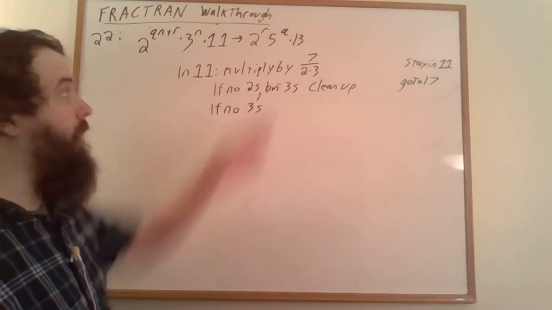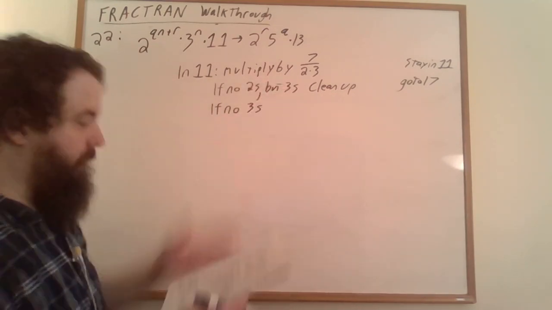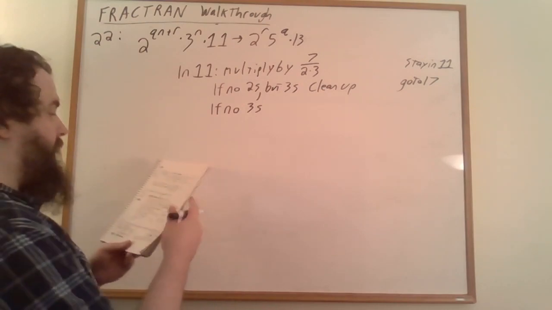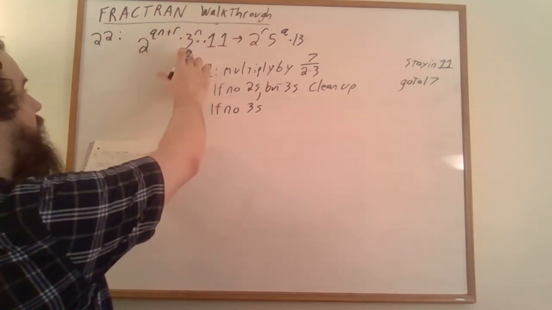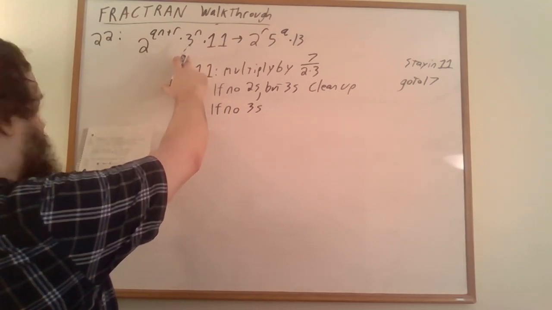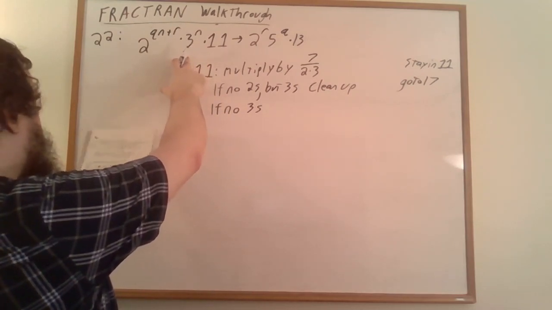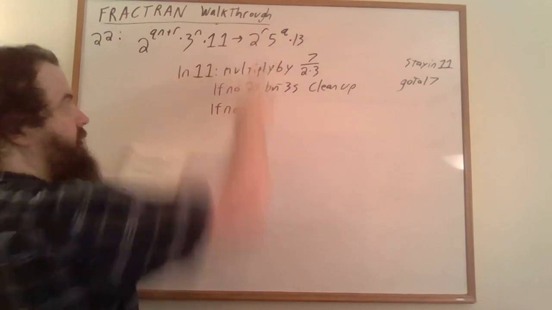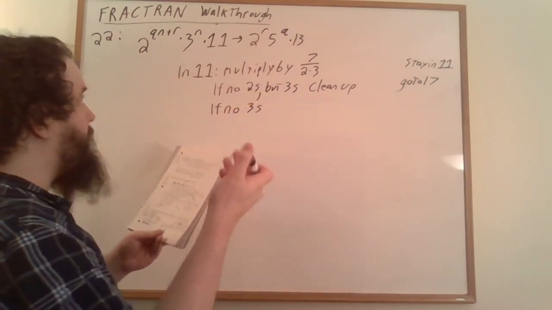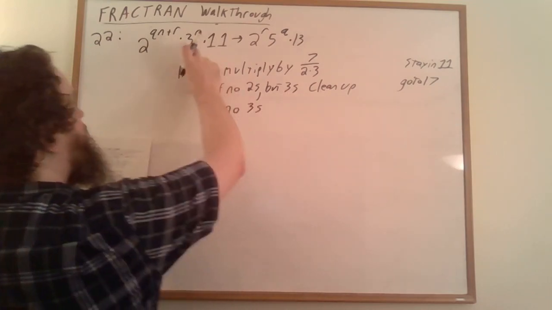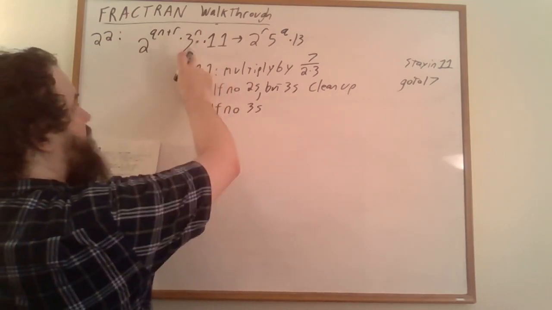If we can't multiply by 7 over 2 times 3 because there are no 3's, then we've finished subtracting one copy of n from both the 2's register and the 3's register, and so we want to increment the 5's register to indicate that we've done that, and then we need to restore the value of n to the 3's register.